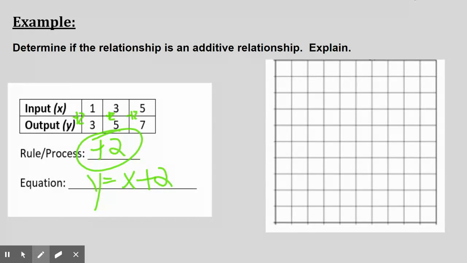Now, you are going to have to know how to read a graph, so let's go through how to set this up. Remember from last time, you need to label your x and y axis. And we're going to just label it input and output since that's what the table has.